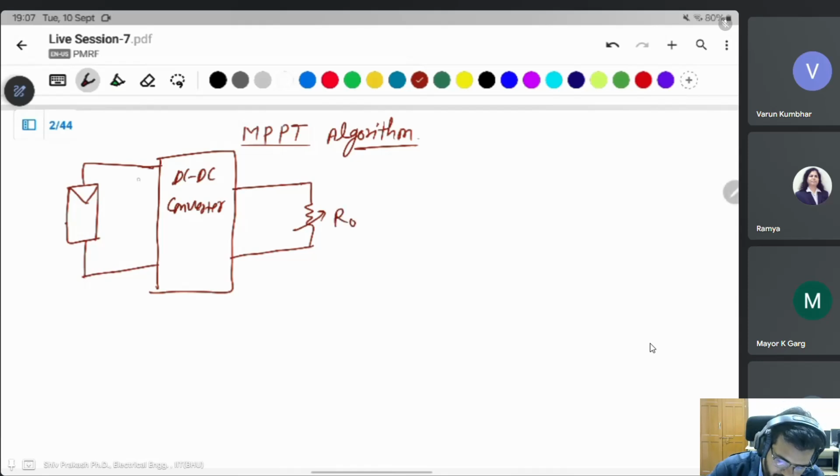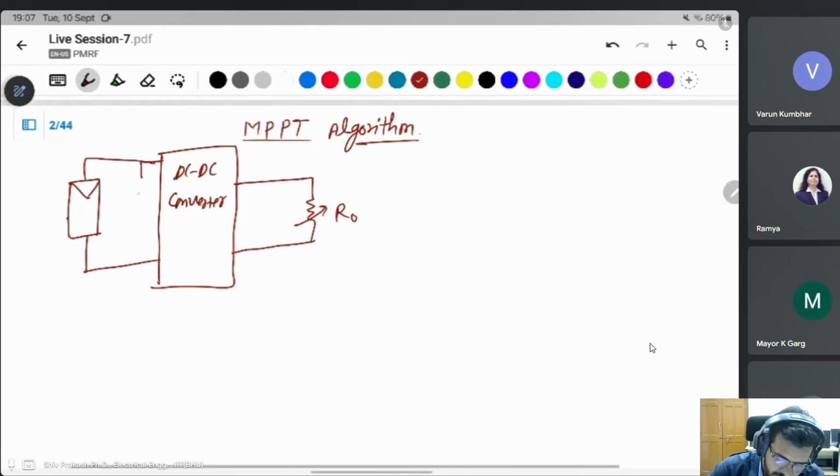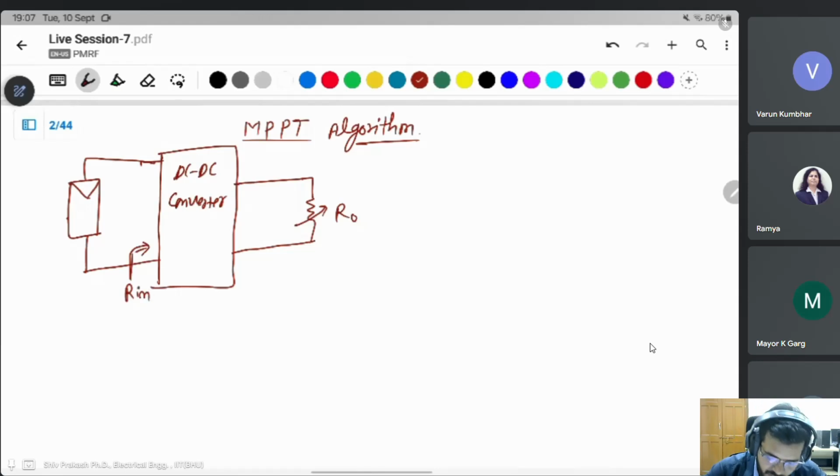From here this is the input, or you can say this one is the same as RT, the terminal resistance of the solar panel, the internal resistance for the maximum power.